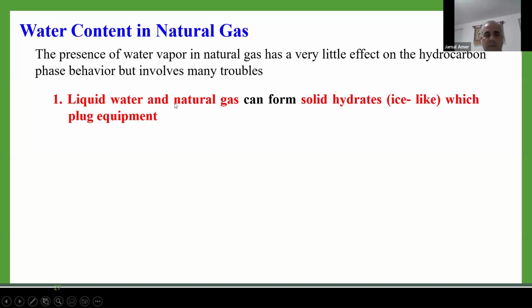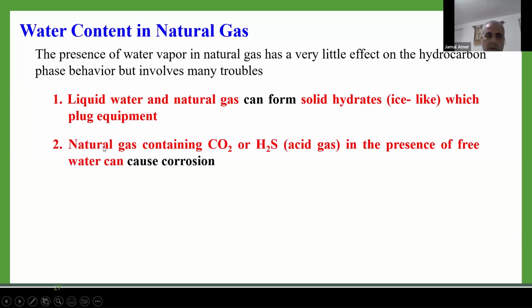Liquid water and natural gas can form solid hydrate. So the main purpose of water removal is to prevent the formation of hydrate. This hydrate is ice-like, which could plug equipment or pipeline. Natural gas containing CO2 and H2S acid gas in the presence of free water can cause corrosion.